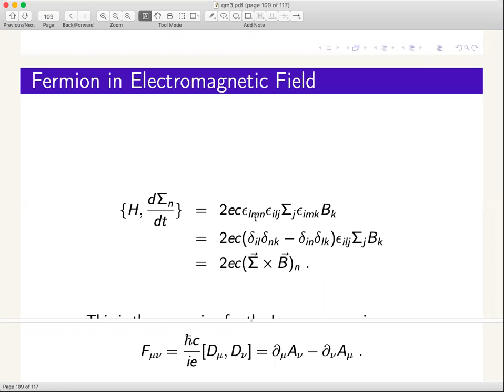We have used M to be a common index and written down this. Okay, so epsilon ijk, epsilon ilm is delta jl delta km minus delta jm delta kl, and that is the kind of expression that we have used here. Okay, if you substitute that back into this expression, you'll find that this is just the sigma cross B term.